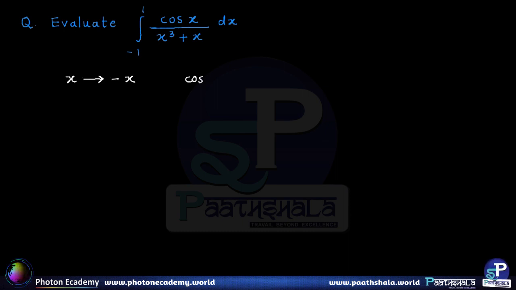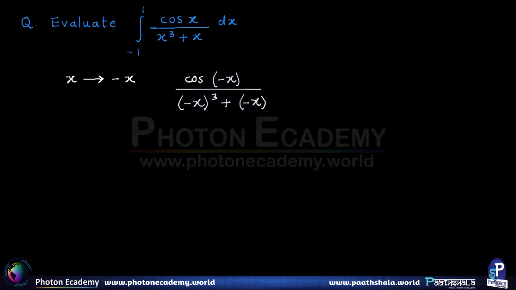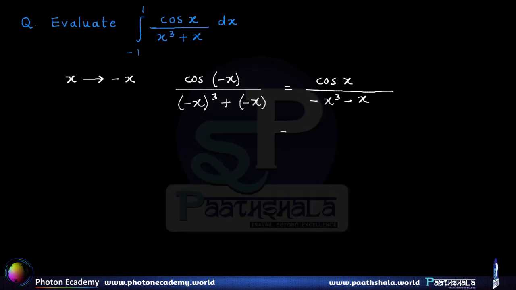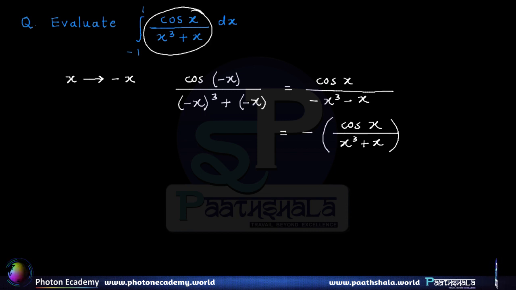We will get cos of minus x upon minus x the whole cube plus minus x. We know that cos of minus x is the same as cos x because cos is an even function. But in the denominator, since we have odd powers of the variable, we get minus x cube minus x. So taking the minus sign common, we realize that we get the original function inside the bracket. So that means the given function is an odd function.